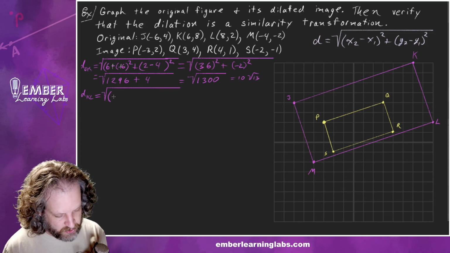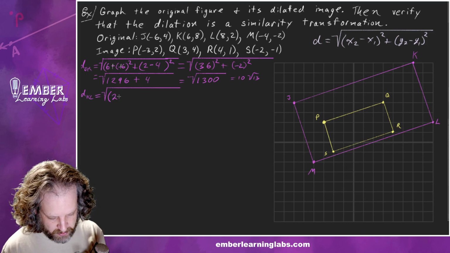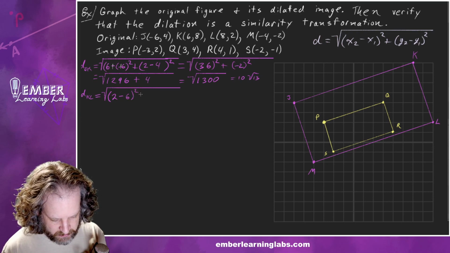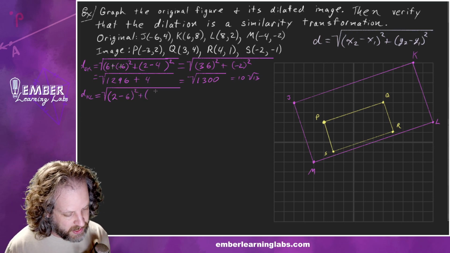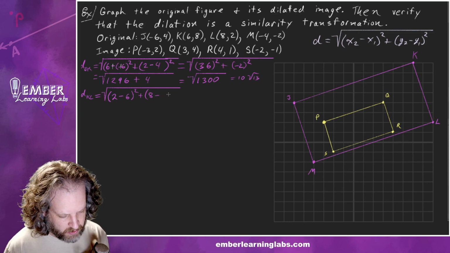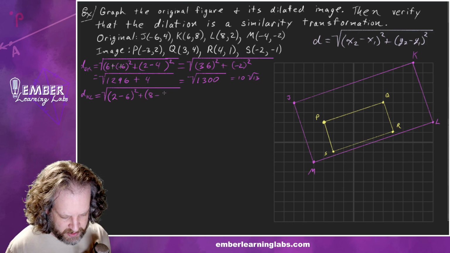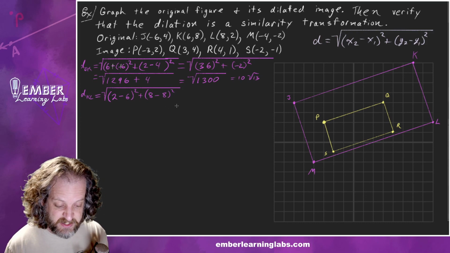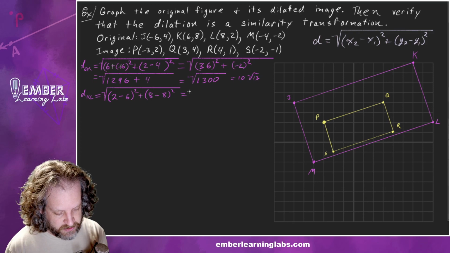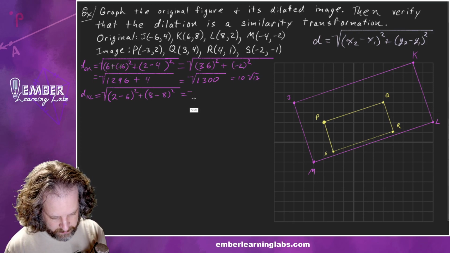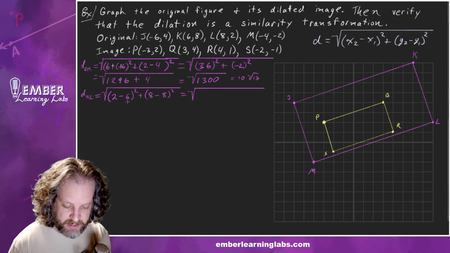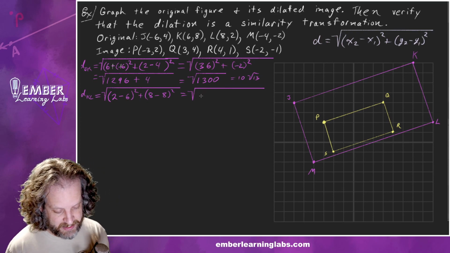So between K and L. So X2 is 2, and then X1 is 6 squared, and then Y2 is 8, and Y1 is 8 as well. That one's nice because that does actually cancel this time. So this turns into the square root of negative 2 minus 6 is negative 4.